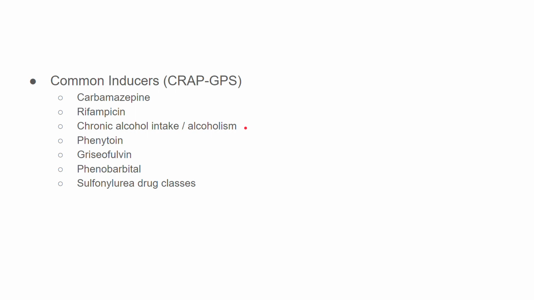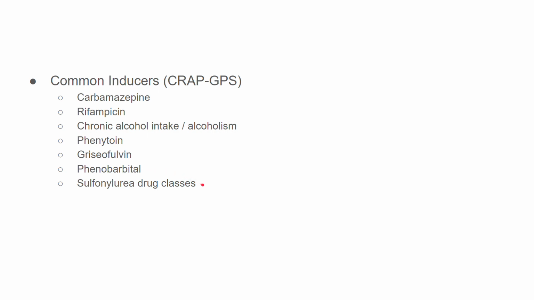So, be wary of this. If alcohol has been taken for a long time, a chronic alcoholic is in a state of enzyme induction. Phenytoin, which is also an anti-seizure medication. Griseofulvin, which is an oral antifungal. Phenobarbital, which is a CNS depressant and can be used for a lot of indications.